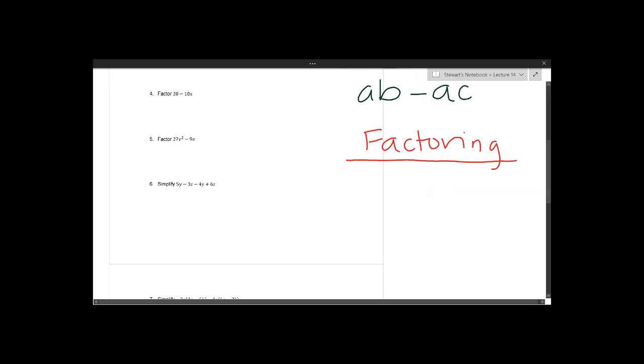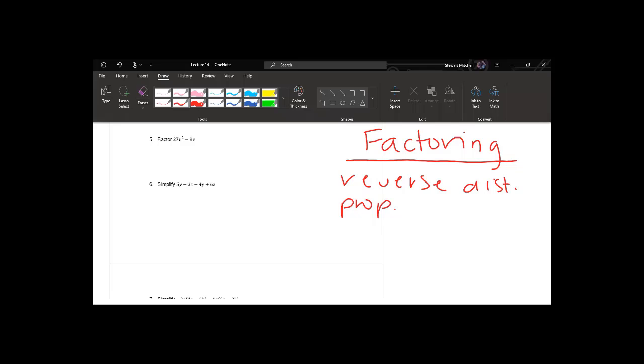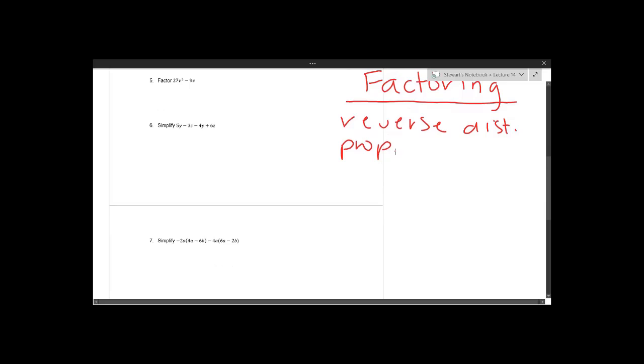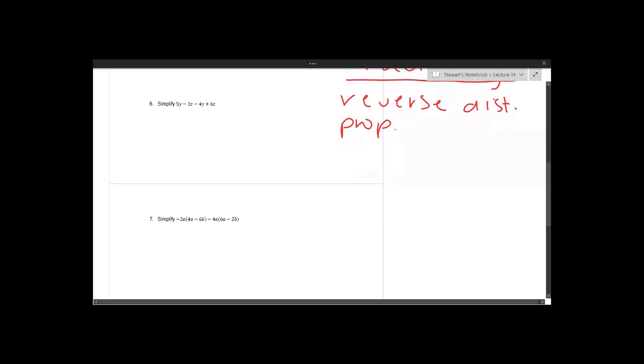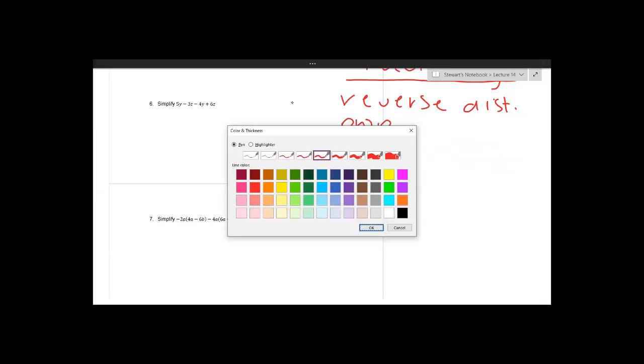It's just a reverse distributive property. And what I mean by that is when you're talking about factoring something, you're talking about getting a common factor out of all of the items that are separated by addition or subtraction.